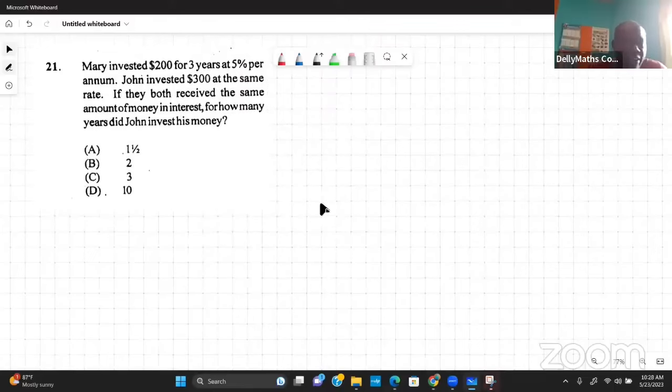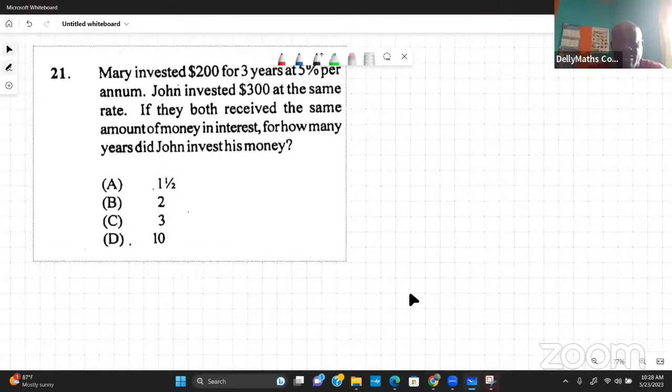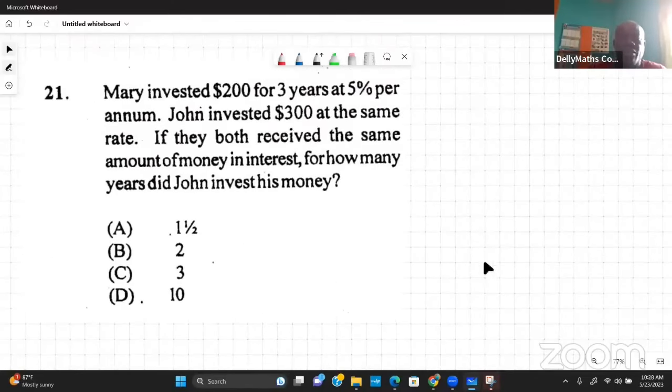So the question reads, so here's the question now. The question says that Mary invested $200 for 3 years at 5% per annum. John, 300 at the same rate, which is 5%. And they're asking, how long will it take John, since they both get the same interest.